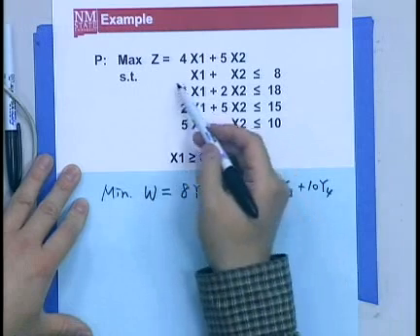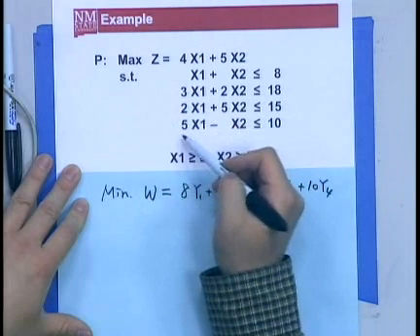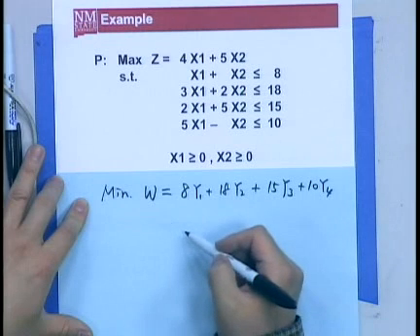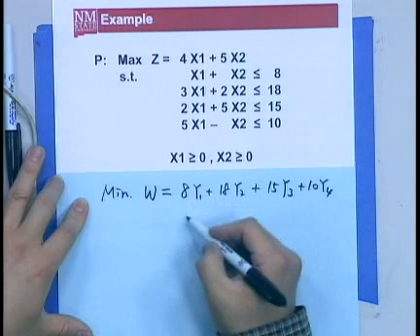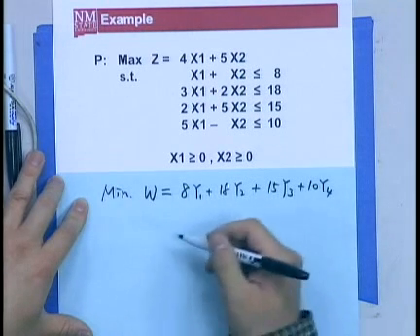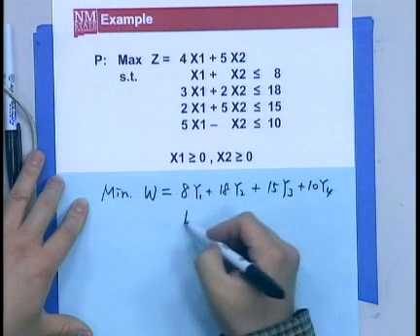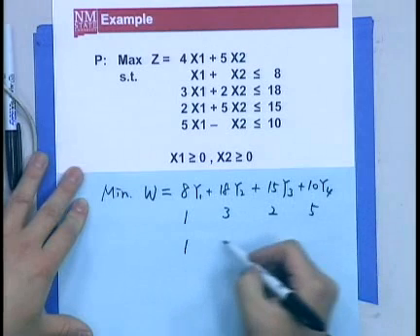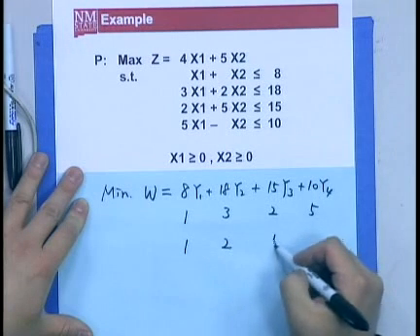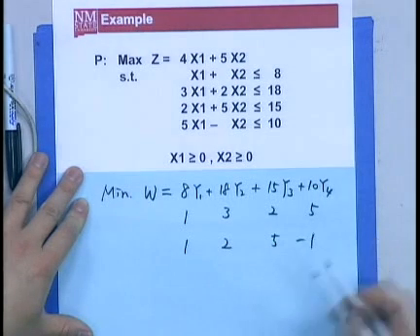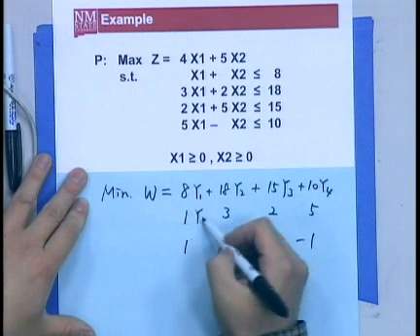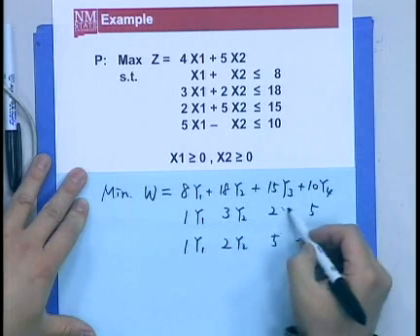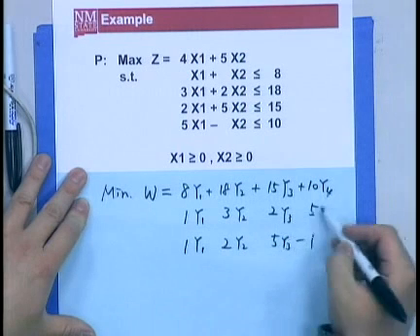And the transpose of the constraint coefficients becomes the constraint coefficients in the dual problem, right? So 1, 3, 2, 5 for y1, y2, y3, y4, and 1, 2, 5, negative 1.